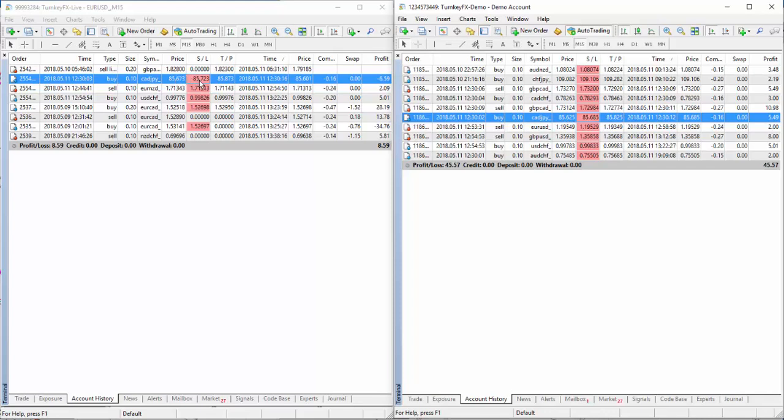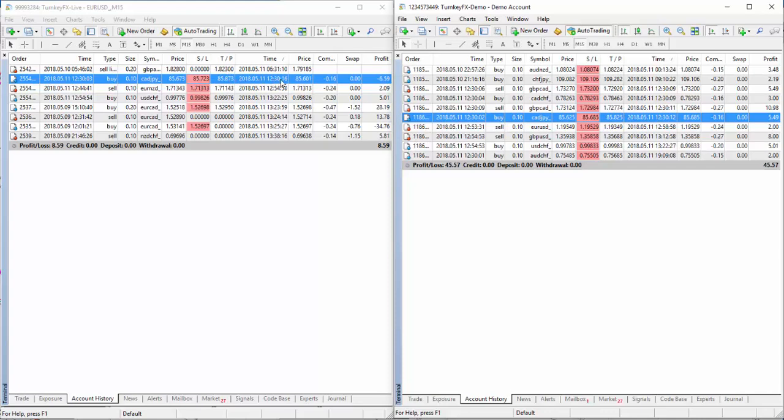Okay? But the fact of the matter is the trade was profitable because it had a profit stop on it. And this live account had a profit stop that was protecting about 5 pips of profit. And it also had a profit target set at 85.87.